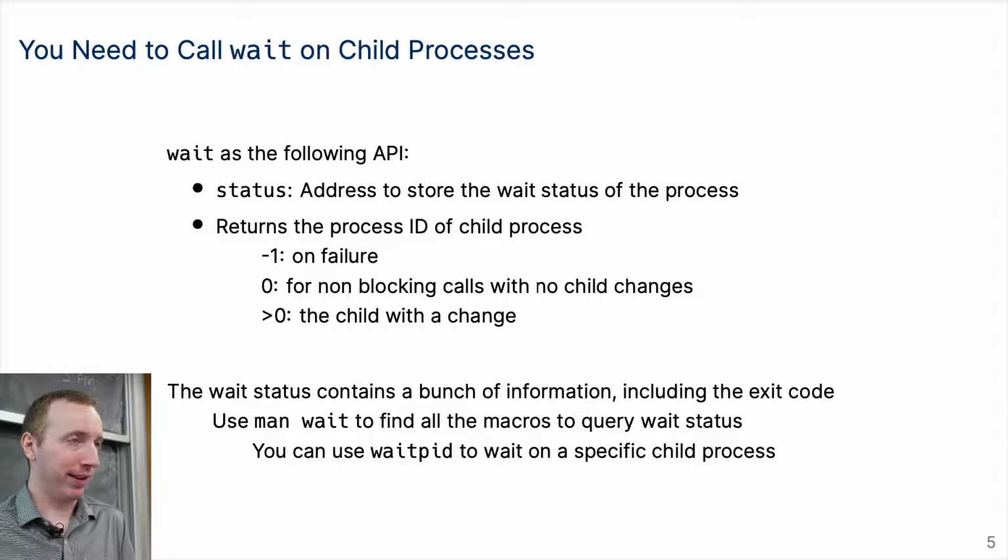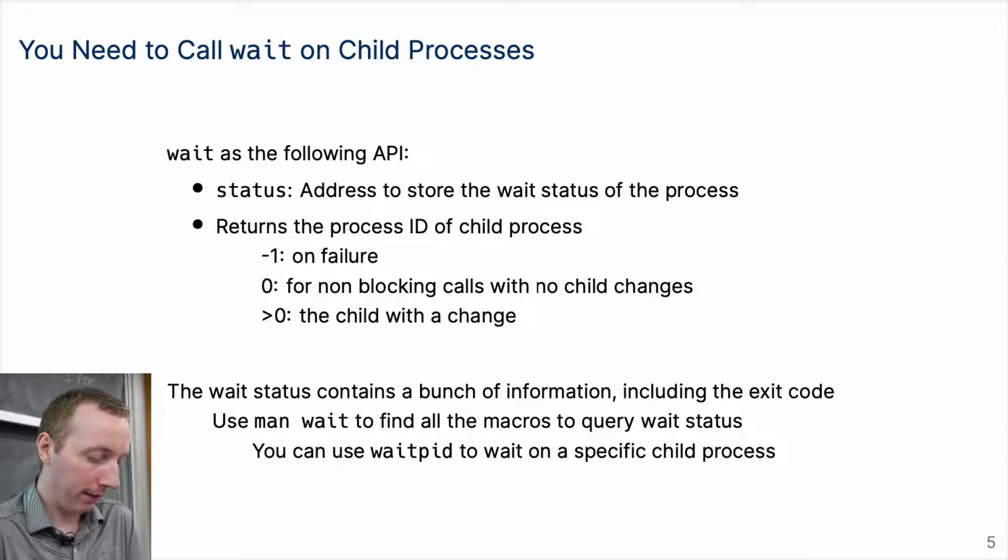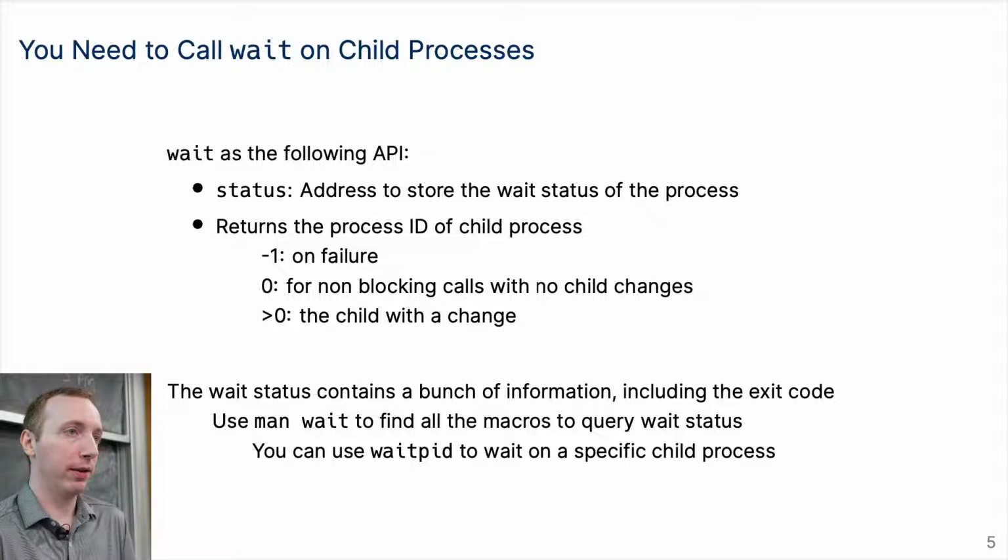Then there's a special case here that we'll see: it will return 0 for non-blocking calls. If you just want to check if there is a child that you need to acknowledge, you can just call it and have it return immediately.